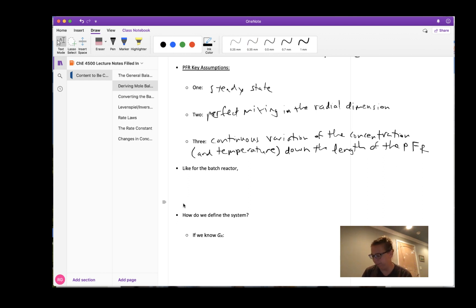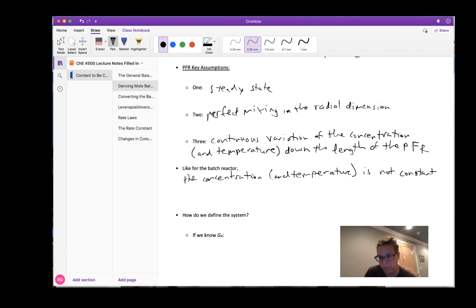So lots of things to keep track of there. But the key point here is that, like for the batch reactor, the concentration and temperature, because eventually we'll talk about non-isothermal cases, is not constant in the PFR. It has some variation.